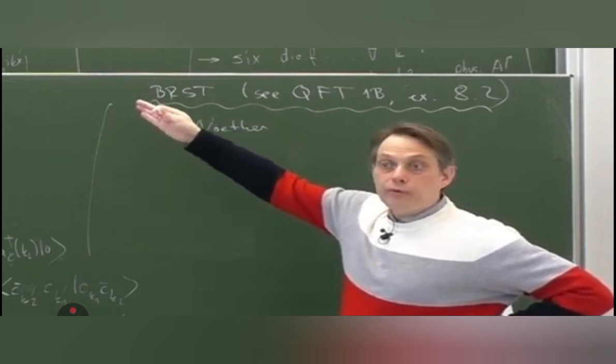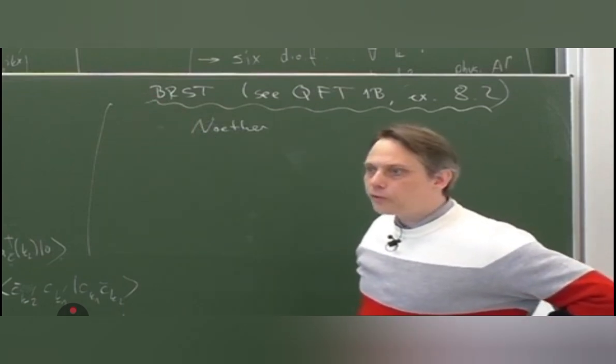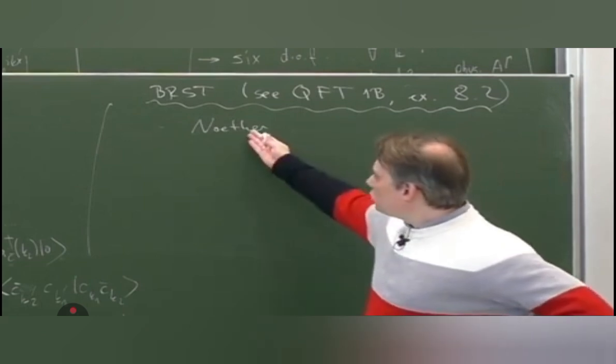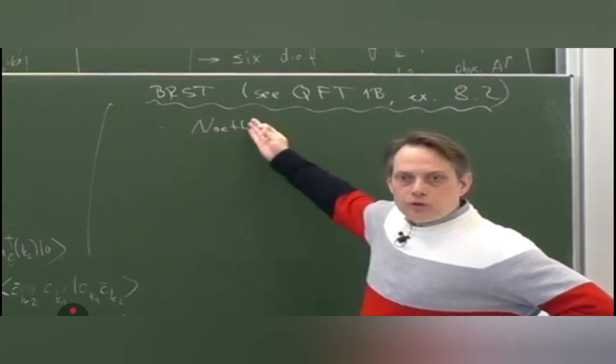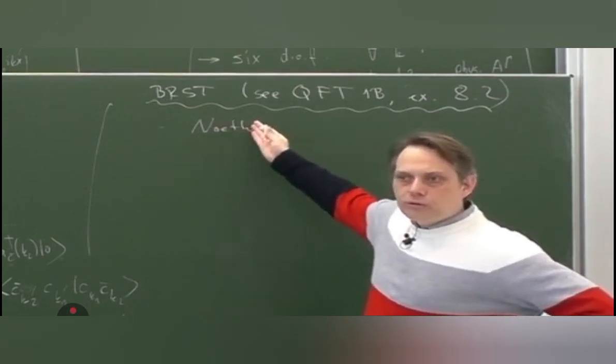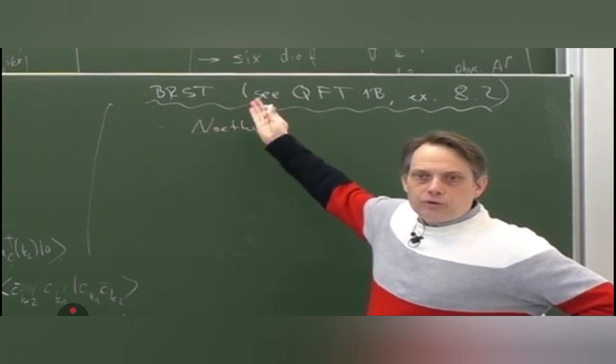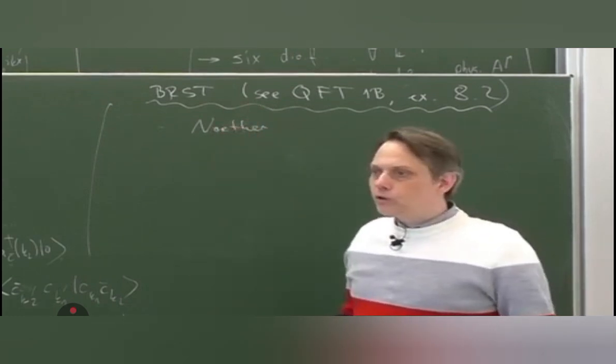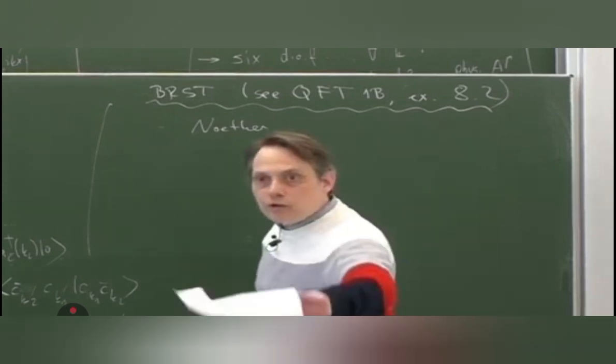It is a symmetry, a classical symmetry. The classical symmetry gives rise to, via Noether theorem, a conserved quantity. First a conserved current, then a conserved charge. This conserved charge can be calculated on the classical level. He did it in the solution of the exercise.